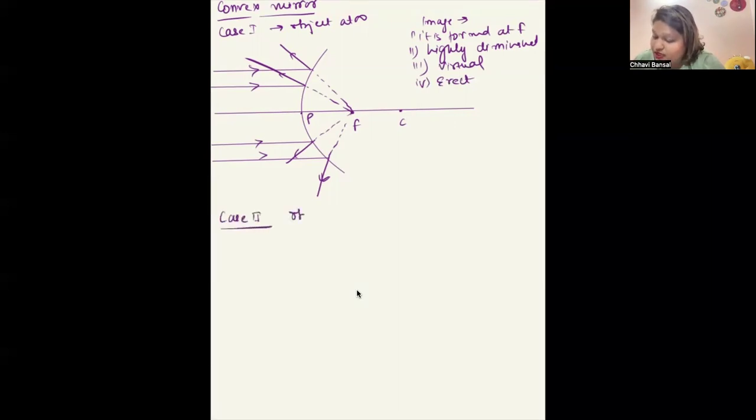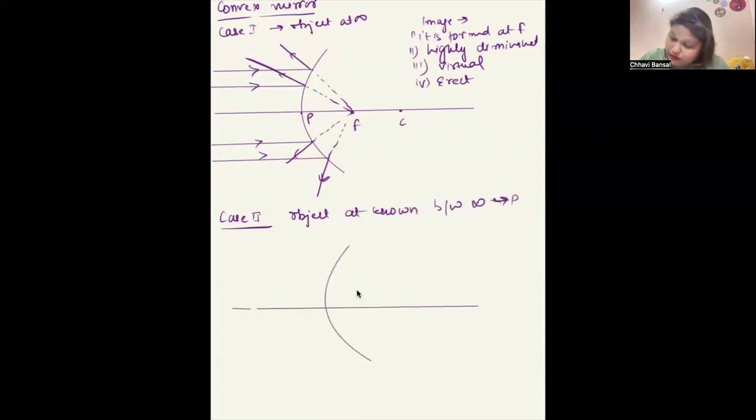Case 2, object at a known distance, any distance but known between infinity and pole. Okay, then what will be the case? This is center of curvature. This is focus. This is pole. Let's put the object here. So first, ray parallel. If the ray is parallel, it will appear to meet at focus.